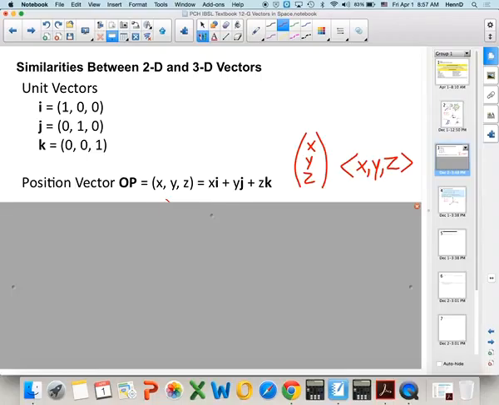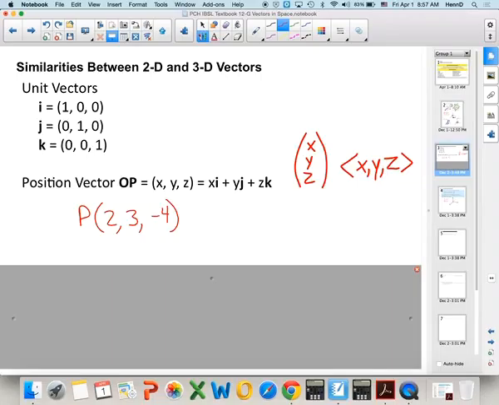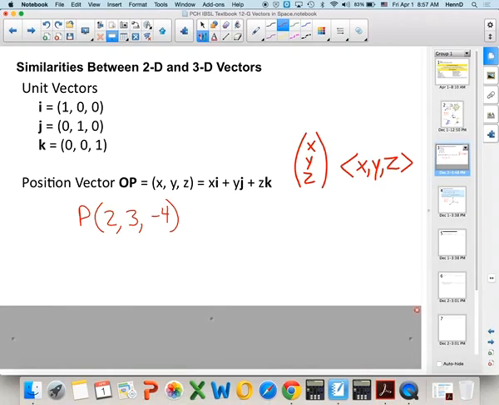Now, our position vector, from the origin to the point: we can write a point as a position vector. So if our point is the point 2, 3, negative 4, I can write position vector OP as 2, 3, negative 4.